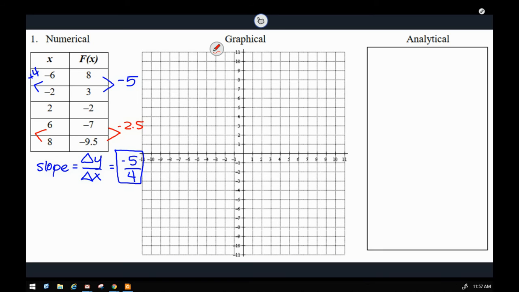To get from 6 to 8, you add 2. But is that the same thing as -5 over 4? Why? It's the same ratio. Yep. -2.5 over 2 is the same thing as -5 over 4. It's the same ratio.